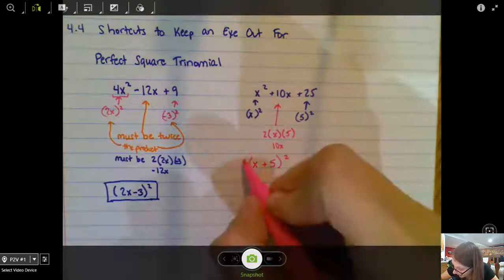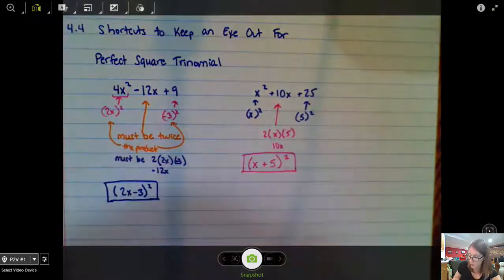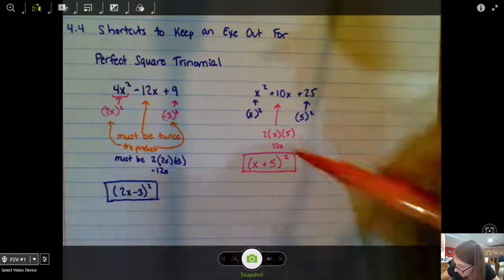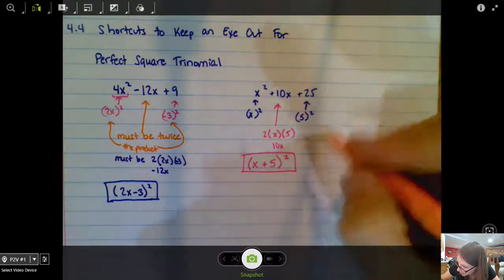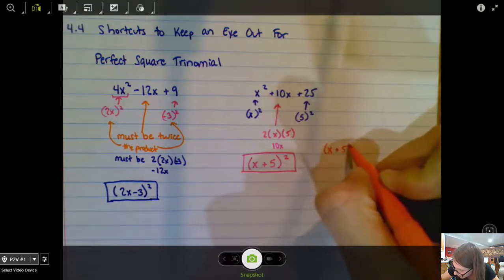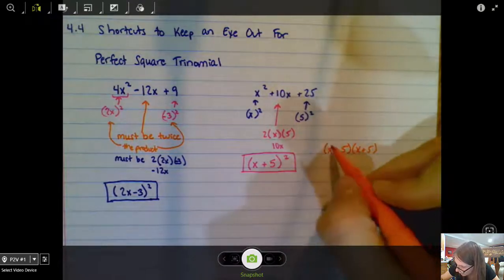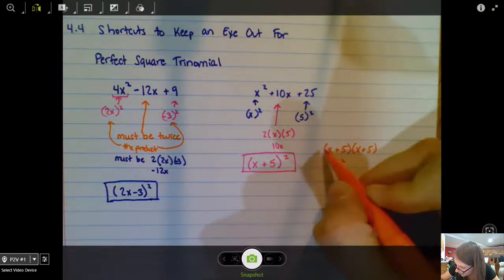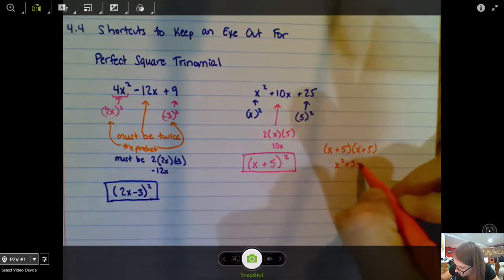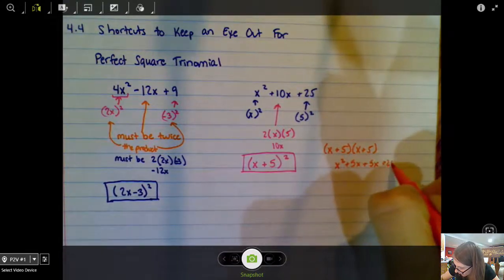I'm going to show you with this one also. Just multiply it back out so you can see how it works, and verify, to make sure you believe me. (x plus 5) squared is x plus 5 times x plus 5. So we FOIL this out. x times x is x squared, plus 5x, plus 5x, plus 25.